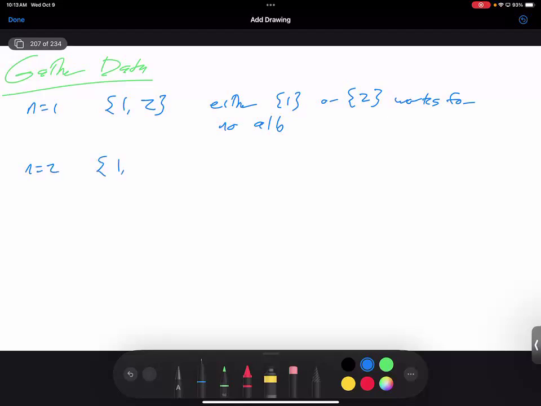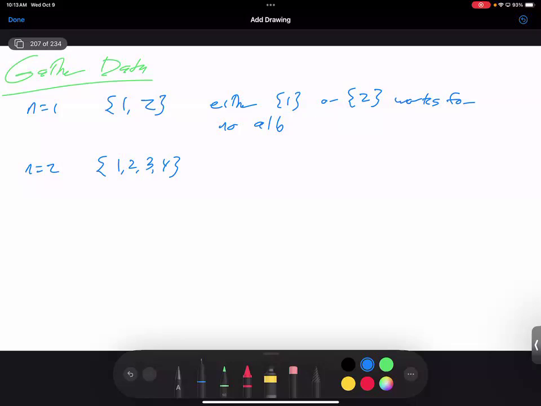And now we have 1, 2, 3, 4. How many subsets can we choose of size 2? It's 6. Oh, in terms of how many that work, yes, potentially. So there's 6 ways we can choose. It's 4 choose 2.